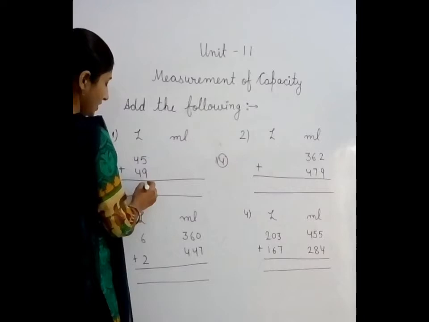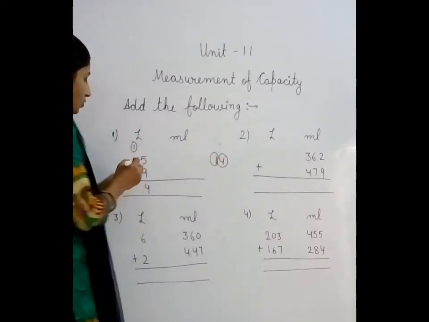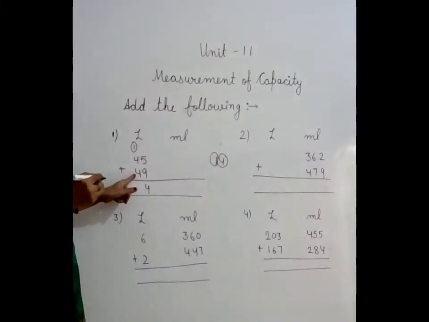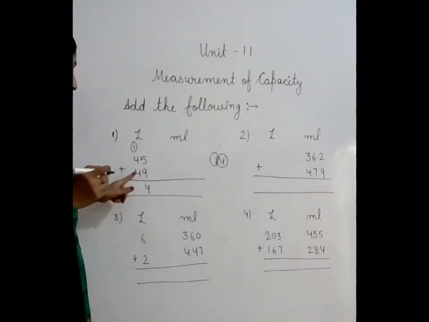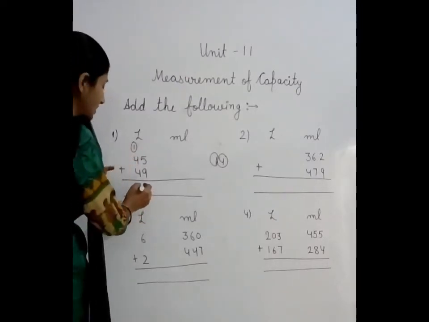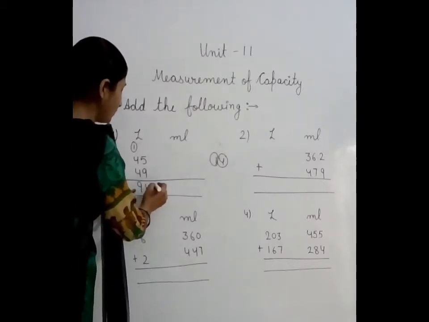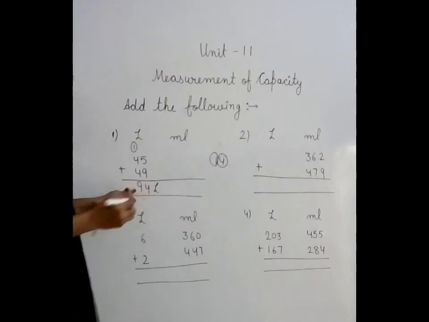So 4 is here and this one is carry over here. 4 plus 4 is 8 and in this 8 we add this one. So 8 plus 1 is 9. So what is our answer? Our answer is 94 liter.